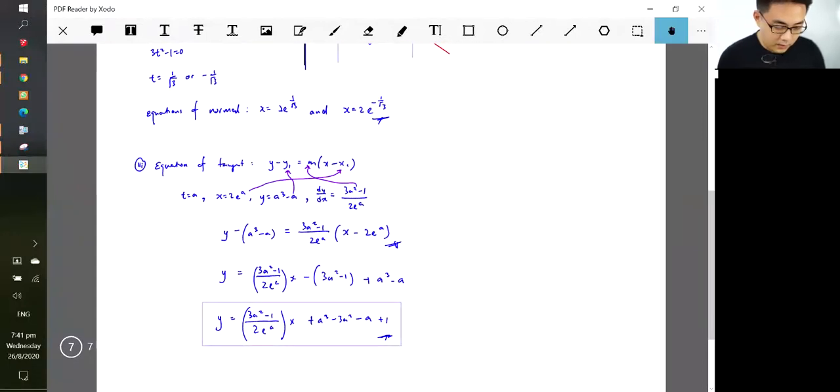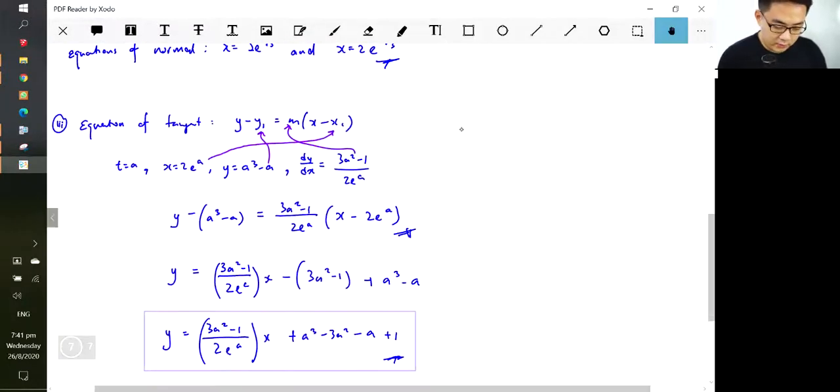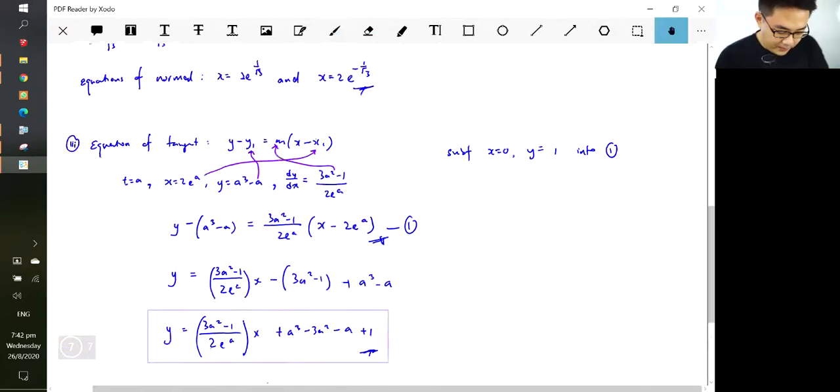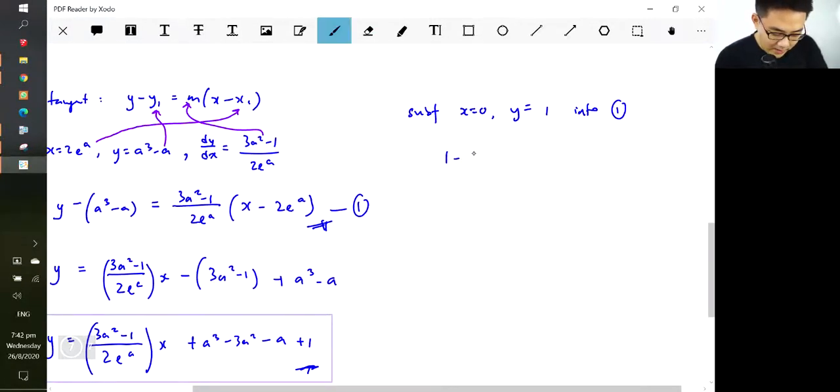So for the last part, we're just going to sub x equals 0 and y equals 1 into the equation of tangent. Once you get that, it will be 1 minus a cubed. My goodness, it looks so complicated. So this is 0.